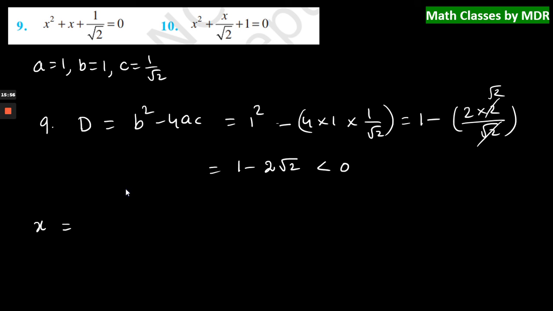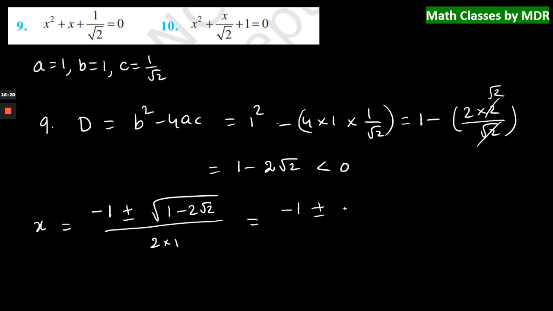Right? Therefore, it will be minus 1 plus or minus root of 1 minus 2 root 2, by 2 into 1. So this 1 minus 2 root 2 is already negative. So shall we write it as minus 1 into 2 root 2 minus 1? When you multiply this 2 root 2 minus 1 by minus 1, you will get 1 minus 2 root 2.